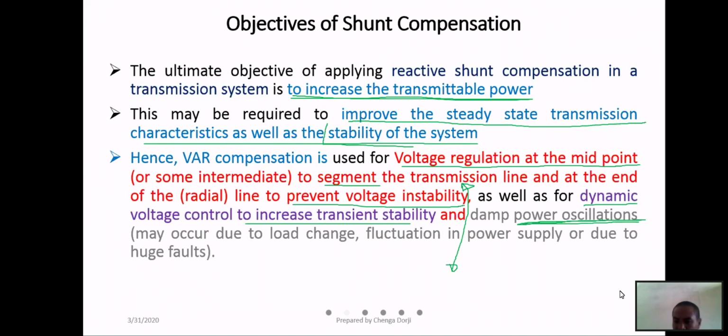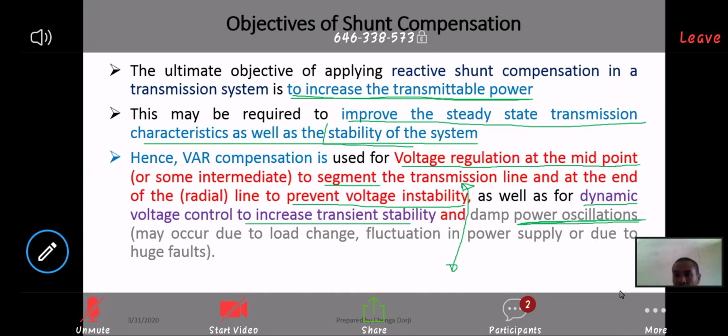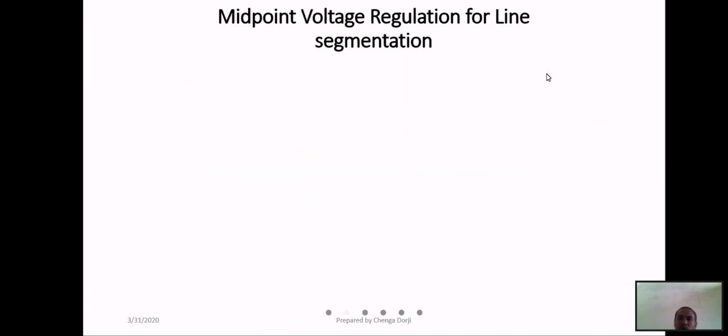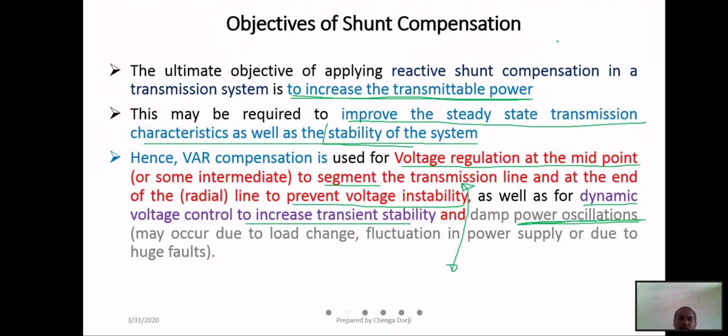That is where you will have the swing equation. Swing equation, remembering now? Can you tell me the swing equation?